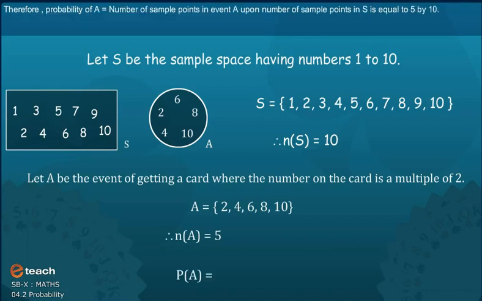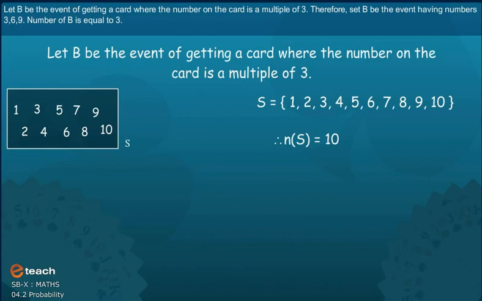Therefore, probability of A is equal to number of sample points in event A upon number of sample points in S, is equal to 5 by 10. Let B be the event of getting a card where the number on the card is a multiple of 3.